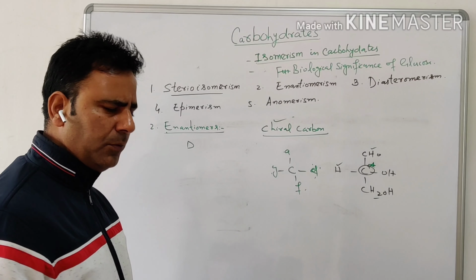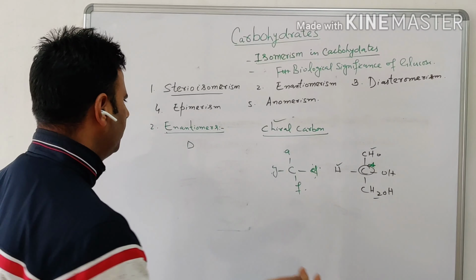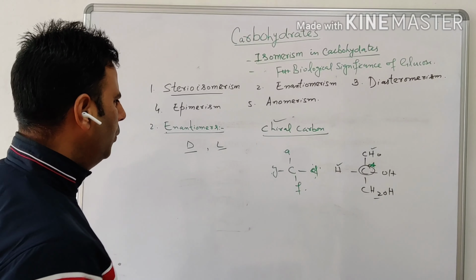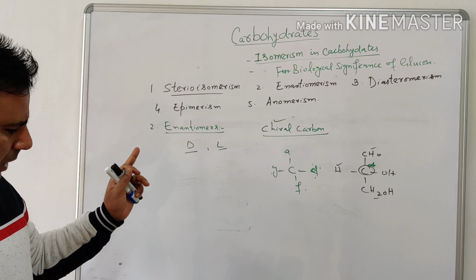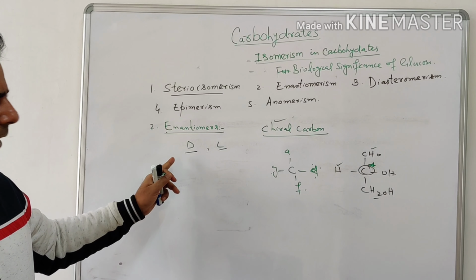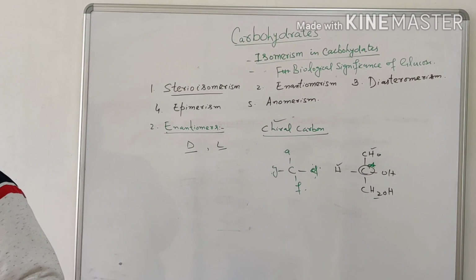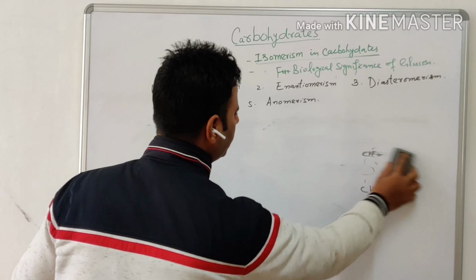The type of isomer which turns the plane polarized light towards the left is known as levorotatory. So we have D and L, and I told you most of the sugars are dextrorotatory. This is one more thing. Then the third part is diastereomers. What are diastereomers?